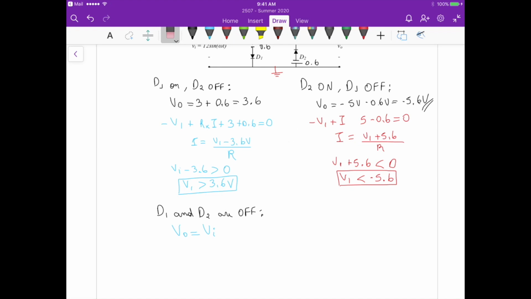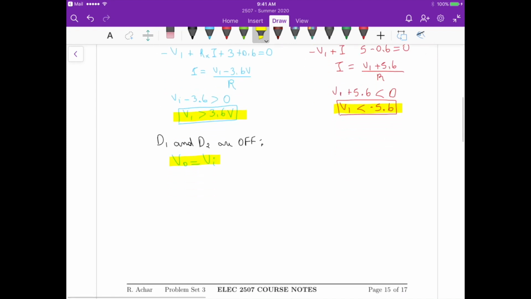So we got the values of the voltages. V out would be 3.6 when VI is greater than 3.6, V out would be minus 5.6 when VI is less than minus 5.6, and in between 3.6 and minus 5.6, V out is equal to VI. So now let's draw these conditions in the time domain.